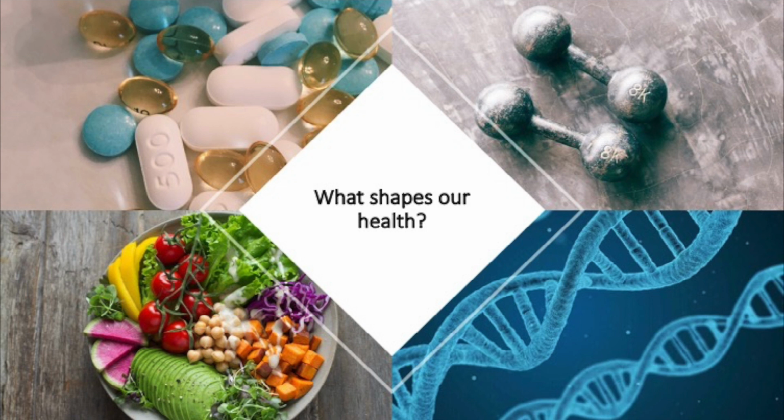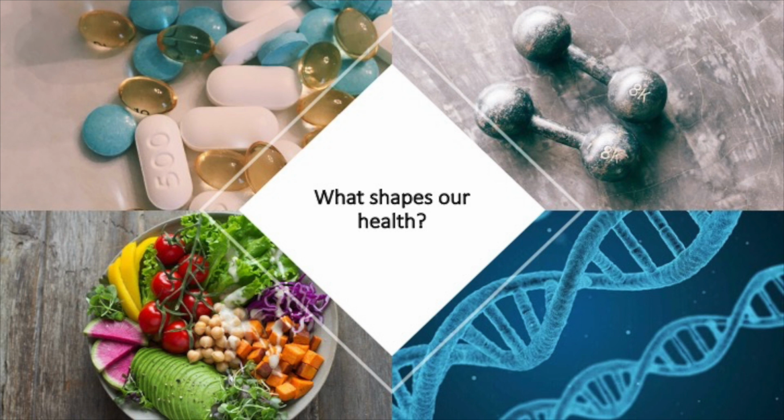So to start this discussion about the social determinants of health, I first want you to think about what shapes our health. And this is one of the fundamental questions in this course. As a follow-up to that, what shapes differences in health that we observe across populations?